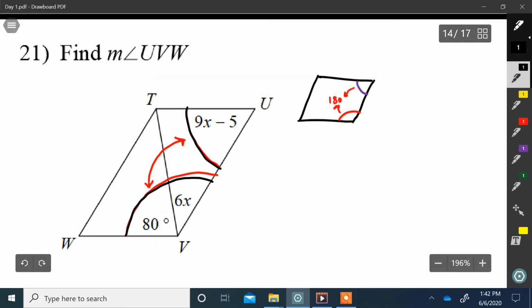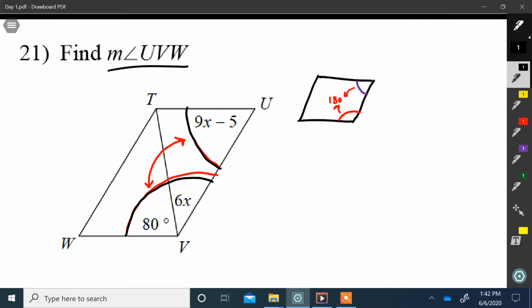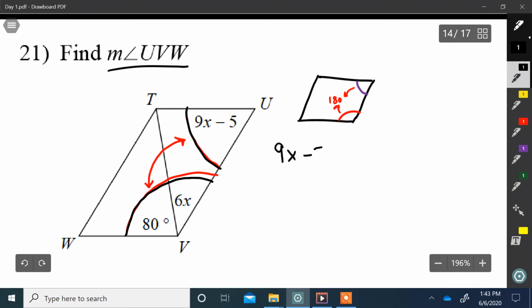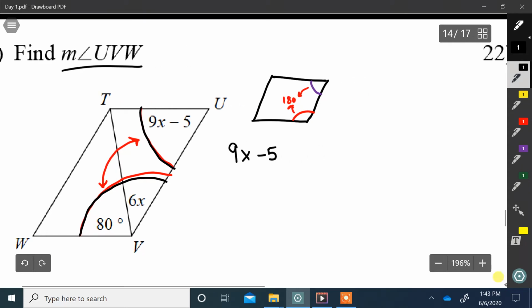Now, they're asking you to find UBW. You have to be careful with that. We'll find that in a little bit, but we first have to figure out what x is. All right, so let's get it done. First of all, we have 9x minus 5 plus, I'm gonna do this angle now, 80 plus 6x.